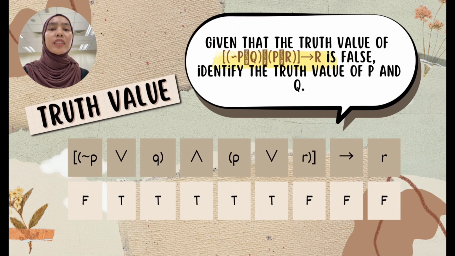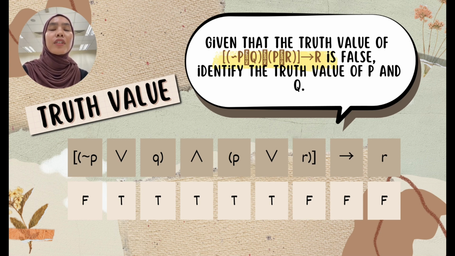Okay, next for the second example of true value, it is given that the true value of open square bracket, open first bracket, not P or Q, close first bracket, and open second bracket, P or R, close second bracket, close square bracket, implies R is false. Identify the true value of P and Q. As I said just now, for this subtopic, you need to construct a table, and I already constructed a table for this question with a column for each letter and symbol.